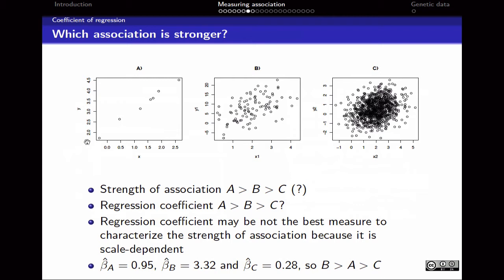Actually, if you run regression analysis on this data, you would figure out that the regression coefficient for the data presented on panel A is 0.95, while the regression coefficient for panel B is bigger, and for panel C it's much smaller.